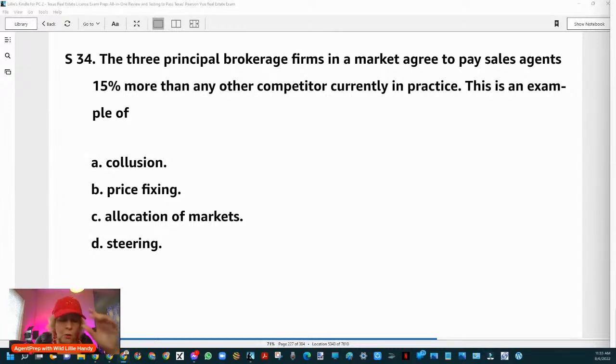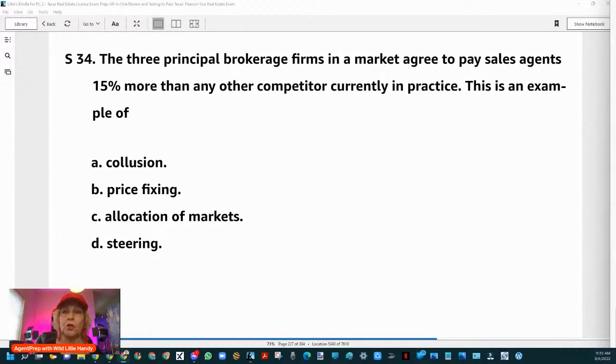Okay. So commission fixing or price fixing, that is when we're charging less percentage to a client than the other listing realtors or brokers. Here it is, they're colluding amongst themselves to reward their realtors 15% more than other competitors currently in practice.